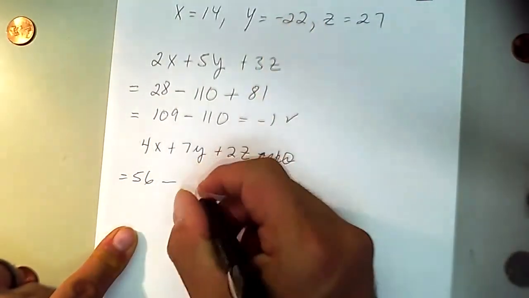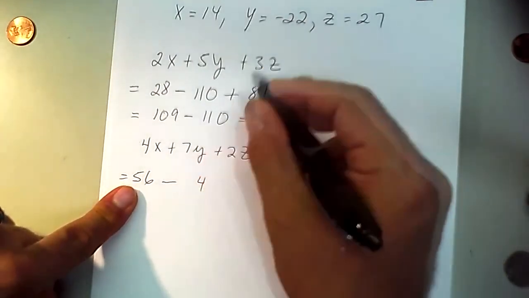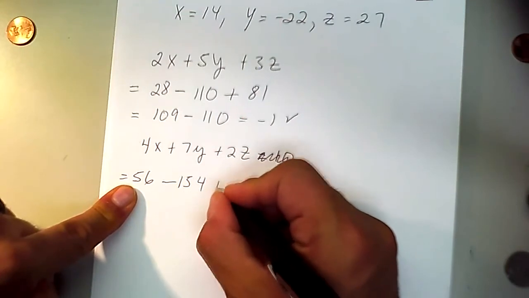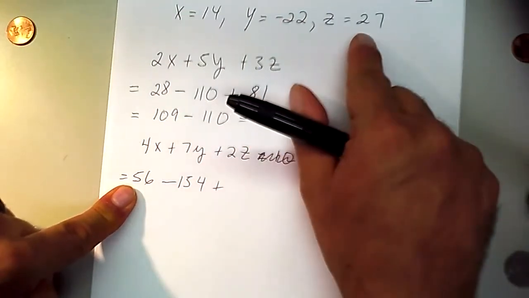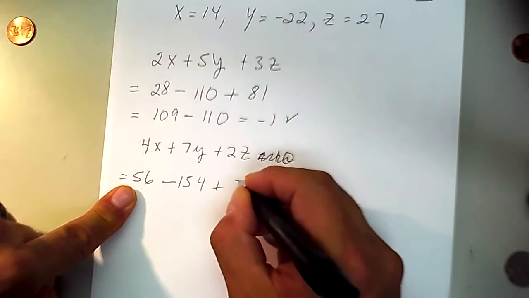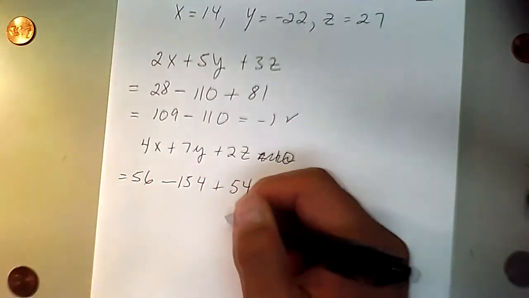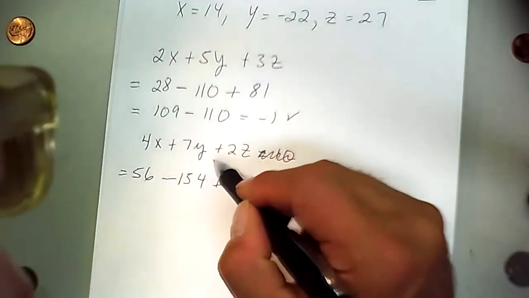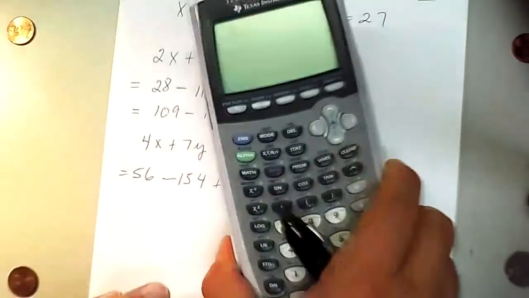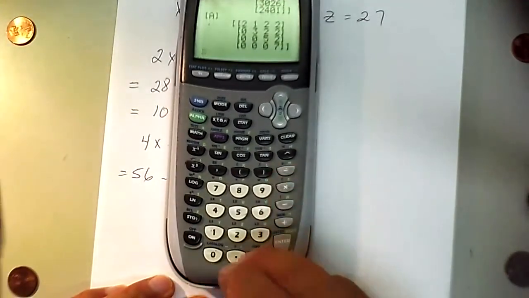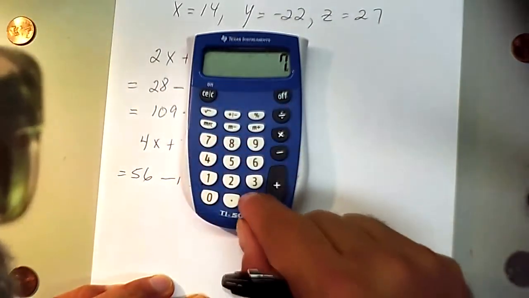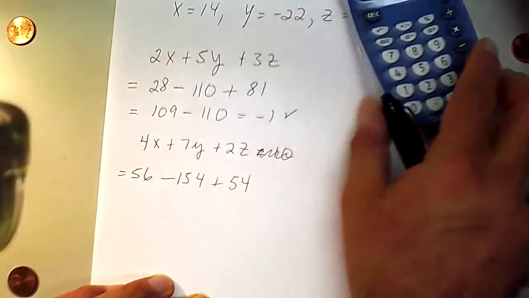Well, 7 times 2 is 14, carry 1. 7 times 2 again is 14, 15, plus 2z, 54. Let me double check the 22 times 7. This calculator is going to be better. 22 times 7. Yeah, 154.